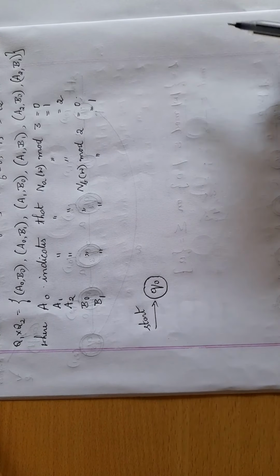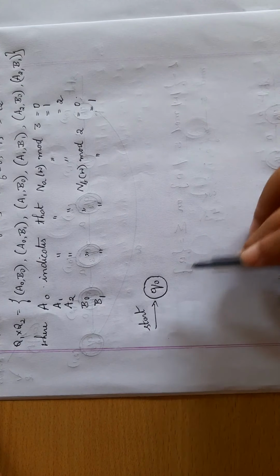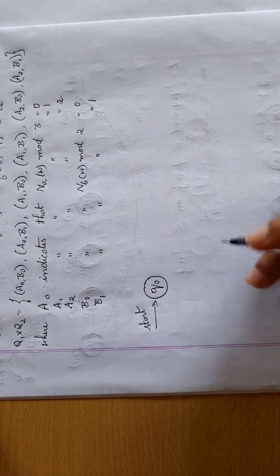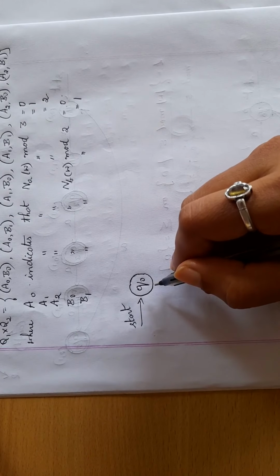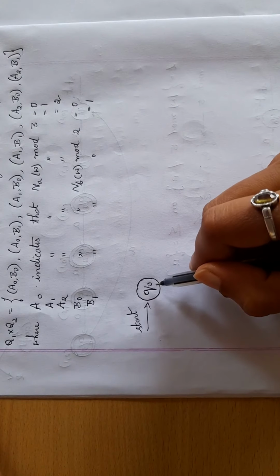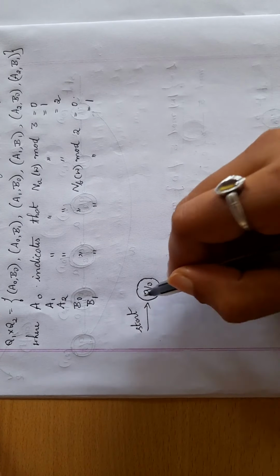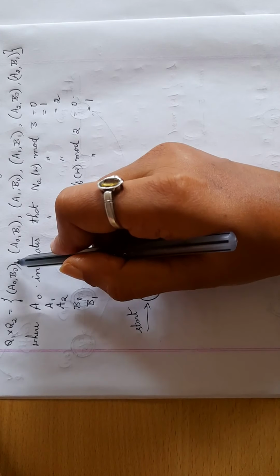You can write them in any direction, but for simpler understanding I'll tell you how to write it. From Q0, my inputs are A and B, and from every state I need an outgoing A and B. Q0 is with respect to the first one, A0, B0.